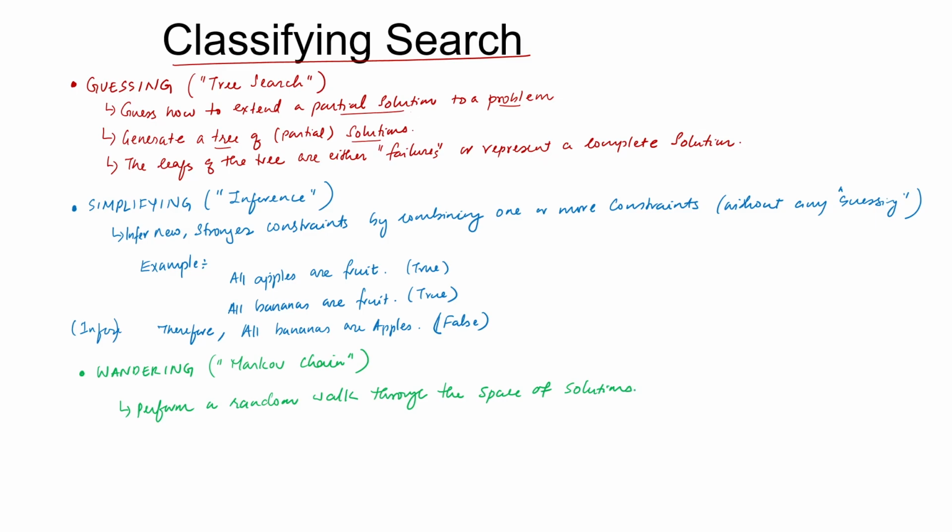You perform a random walk through the space of the solutions. These are partial or total. You walk through the space of the partial solutions, and you perform a random walk through the solution space. So, these are the three main ways to classify this. Okay. So, let us give a little bit more meat to this problem.